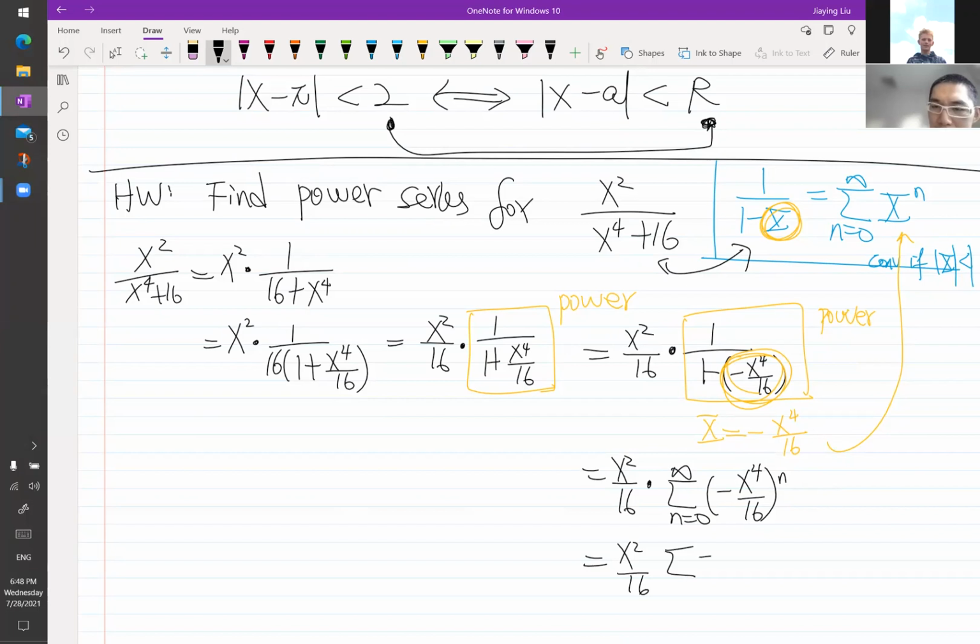So that will be negative 1 to the nth power, x to the 4th power raised to the nth power. In the denominator, I have 16, so I'm going to write it as 16 to the nth power. So we basically distribute the exponent n to the negative 1, to the x to the 4th, and also to the 16. So that's what we did.